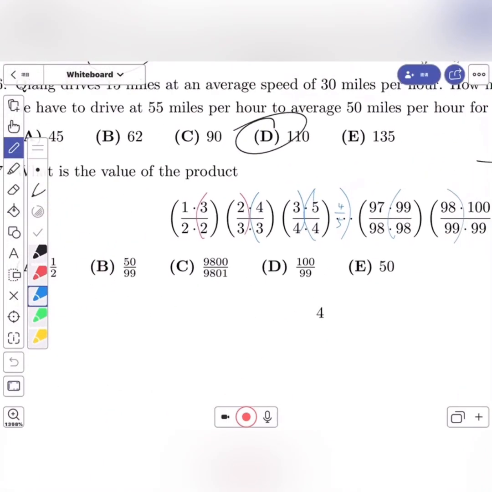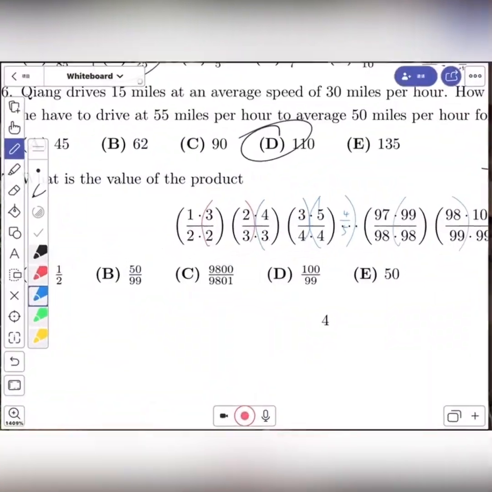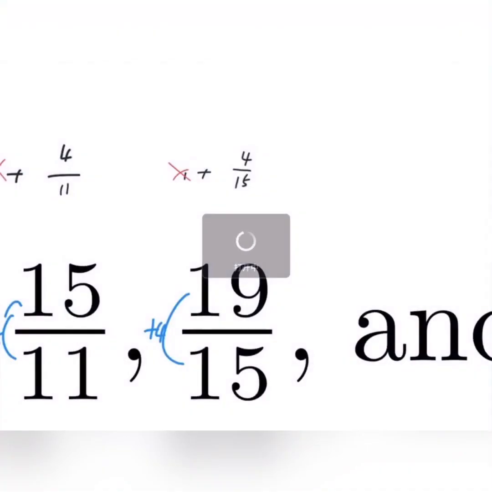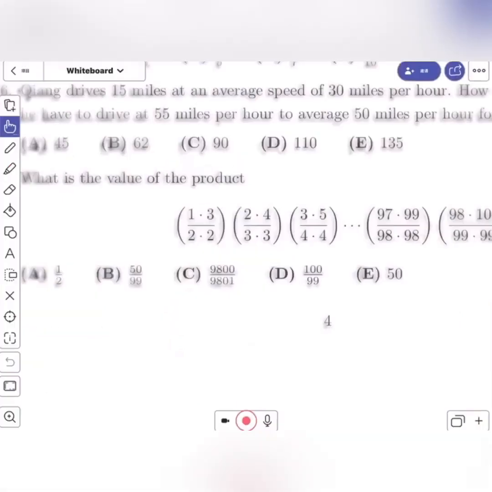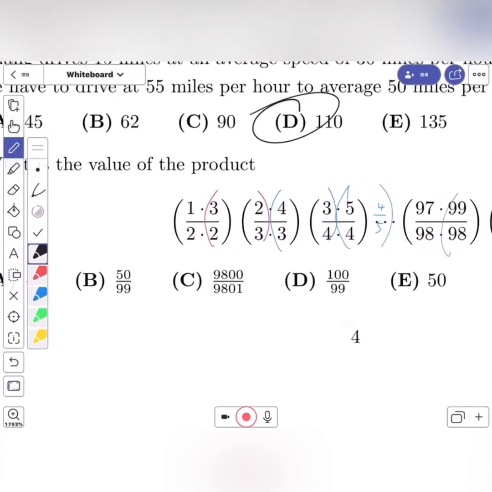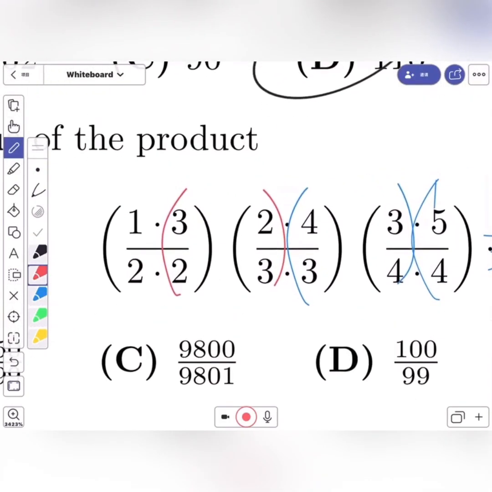Now things become much easier to deal with, because these cancel out, and these also cancel out.